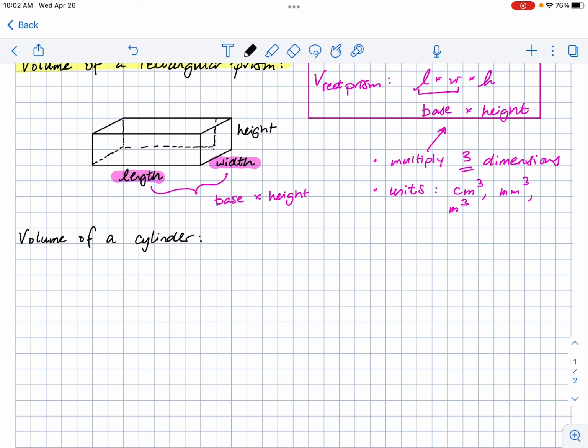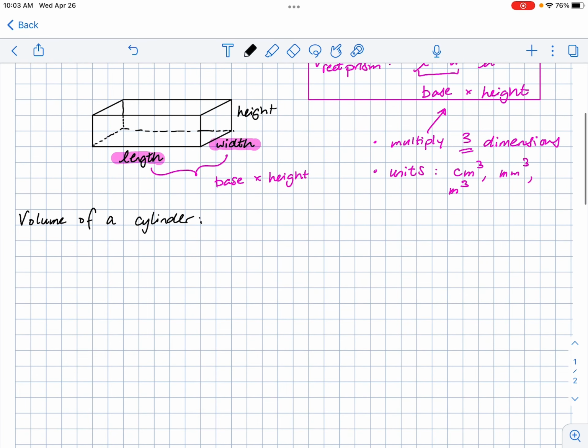I'm just noticing this doesn't look right, so I'm going to erase this part here. Sorry, excuse me. The rectangular prism wasn't looking right there. Okay, so now you've got volume of a cylinder.